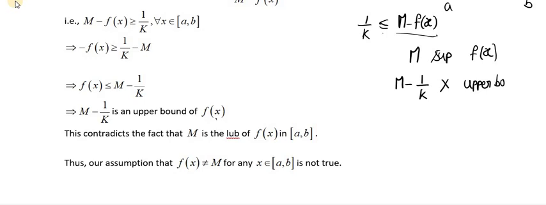But what we get here is that the number which is less than M is an upper bound of f of x. Less than M is certain, because here it is M minus something. So this is a contradiction to the fact that M is the least upper bound of f of x.